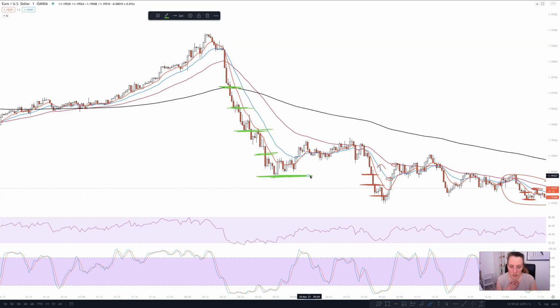So in my opinion, I have two strategies. I have the strategy to scalp the ranging market, like I showed you here, from here and here and here, go to the upside.